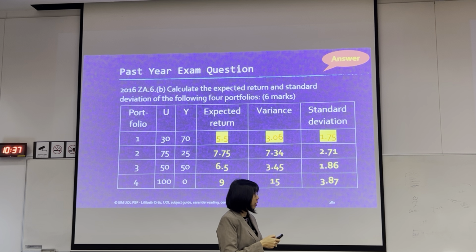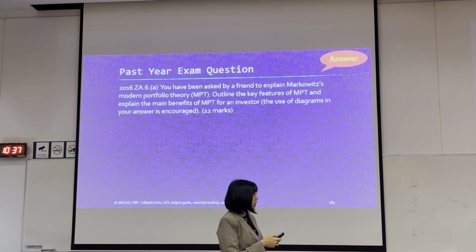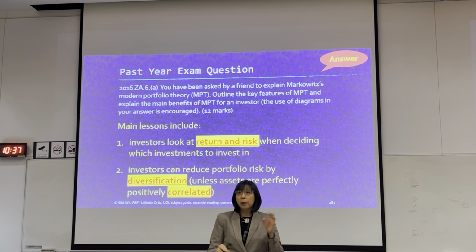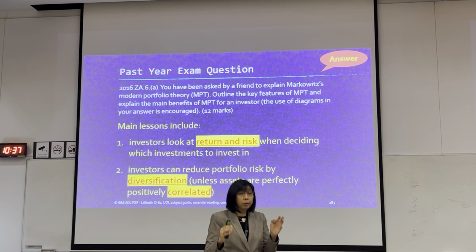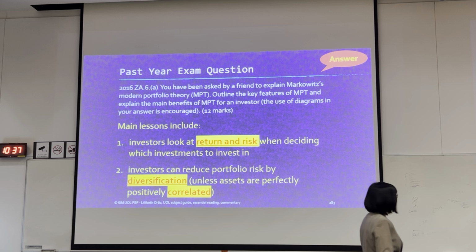You're able to lower the risk by certain combinations. The first one looks good. So that's another key lesson. By adding different assets to your portfolio, the assets having low correlations to each other, you're able to reduce portfolio risk.